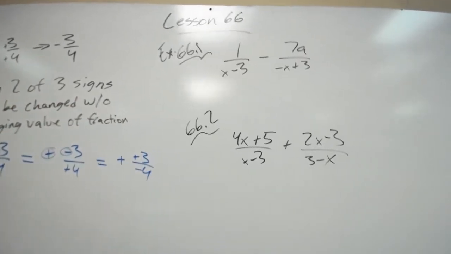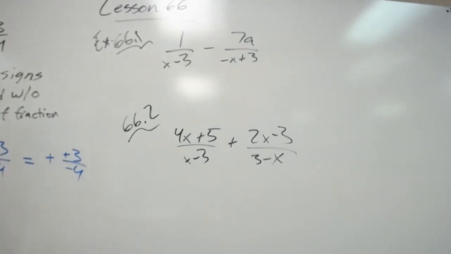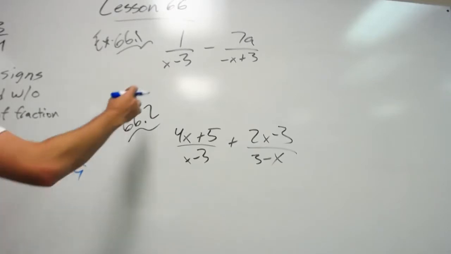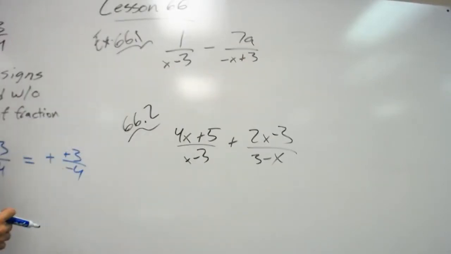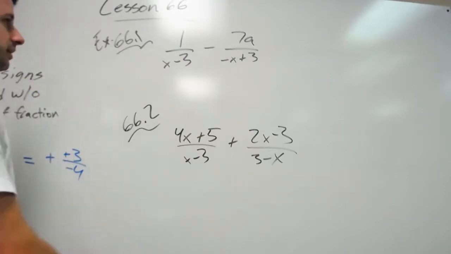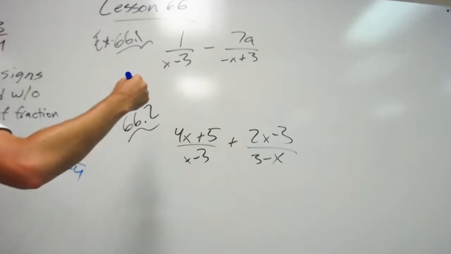So let's look at some examples. 66.1 says 1 over x minus 3 minus 7a over negative x plus 3. Simplify that. We're going to implement what we just learned. I see that this is negative x plus 3 and this is x minus 3. We know that we need common denominators to add the numerators, but what if we just implement what we just learned?